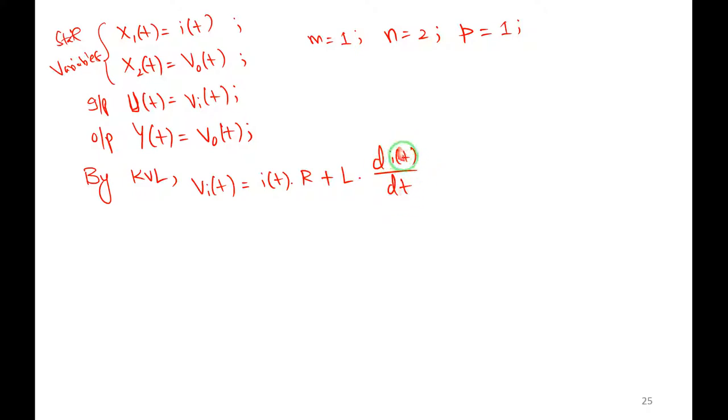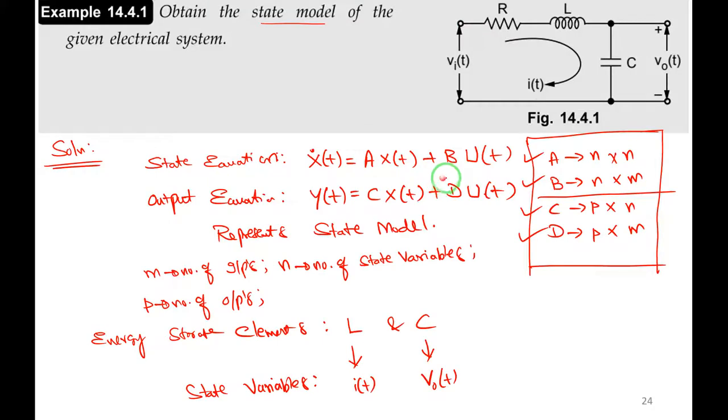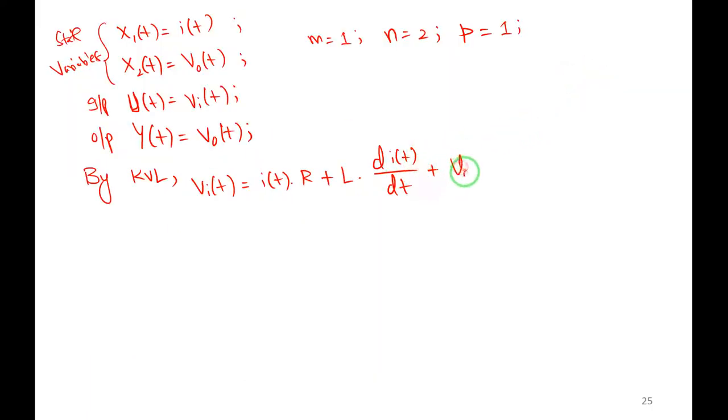They are functions of time, so I write i(t). Plus the voltage across the capacitor, which is v0(t). I will not write 1/C times the integral of i dt; I will write v0(t). This is by Kirchhoff's voltage law. We have written the loop equation.